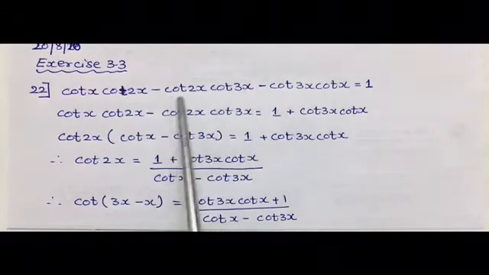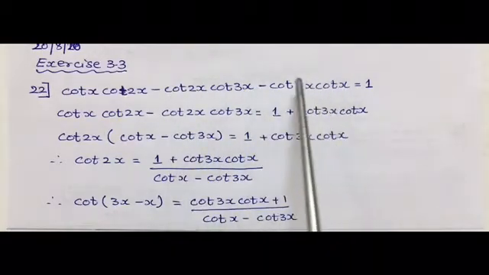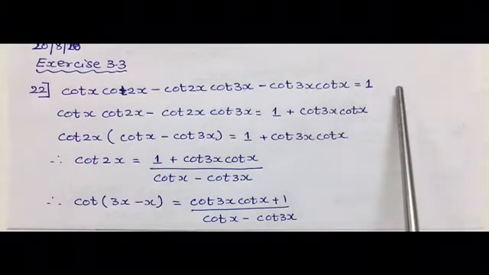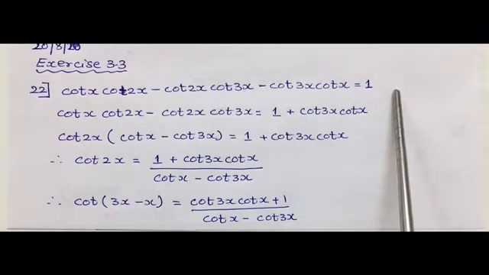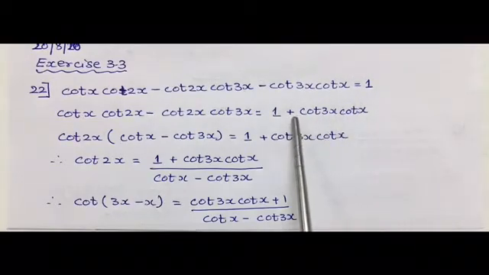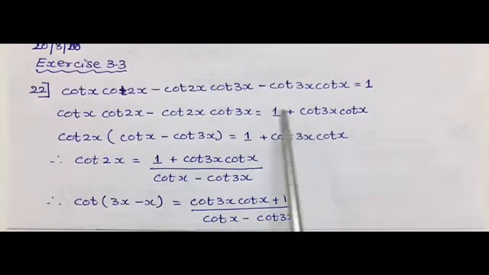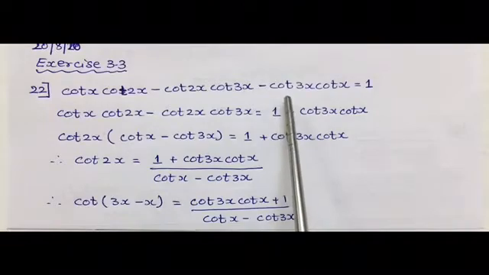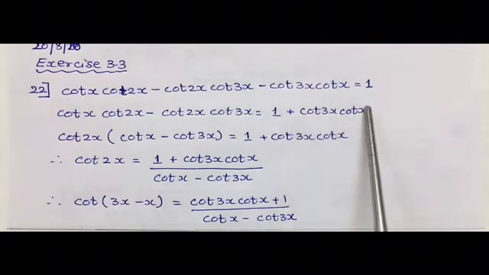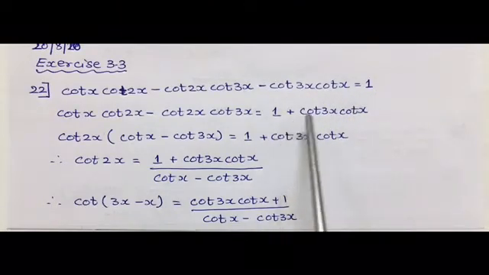As two terms are negative, one of them will be shifted to RHS so that it will be converted as positive. So here we have shifted cot 3x cot x to the other side, so it becomes plus cot 3x cot x.